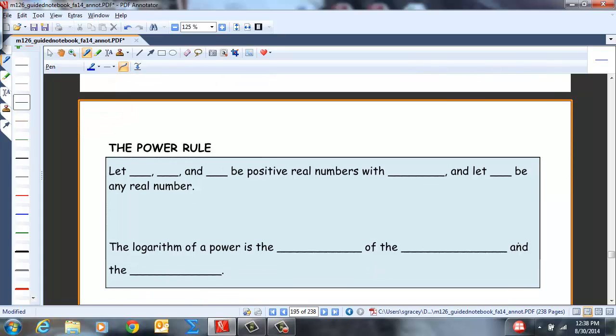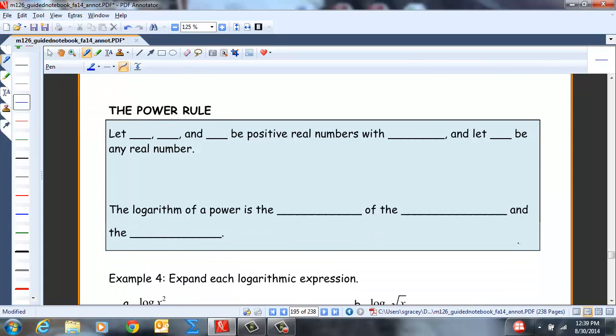Okay, so next up, the power rule. Actually, we don't need n for this one. So this is where we get some edits. Let m and a be positive real numbers with a not equal to 1, and let r be any real number.